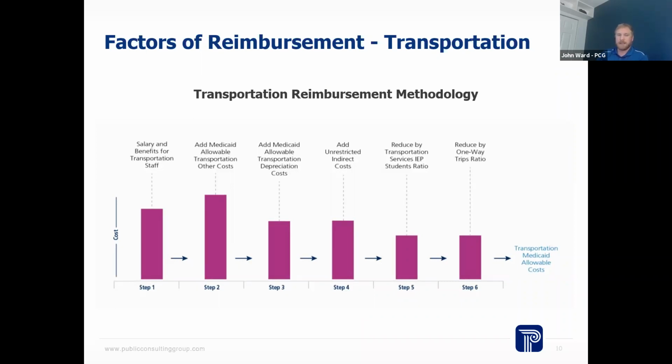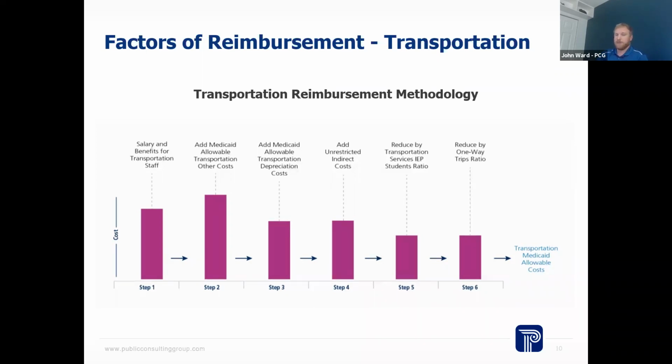Step four is adding in that unrestricted indirect cost rate, so added boost to your cost. And then step five is applying the transportation services IEP students ratio. This is only applicable if your district reports not only specialized transportation. And then step six is applying that one-way trip ratio.